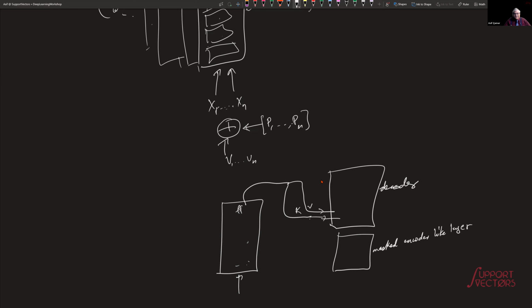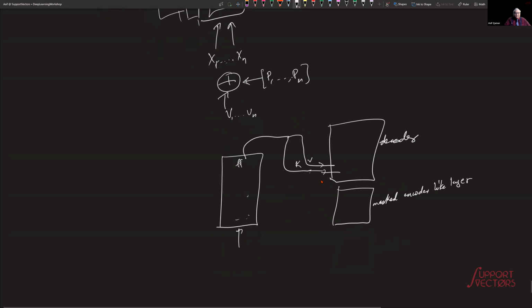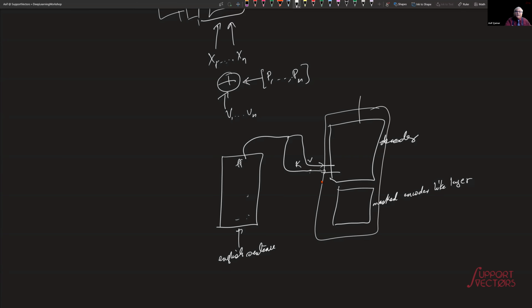I'll give you the idea. We'll go through the paper in a moment. Suppose you give it an English sentence. All of it will go through and the KVs will be ready. Then here you ask the decoder to produce the first word. Let us say that in the other language it produced the word pi1.